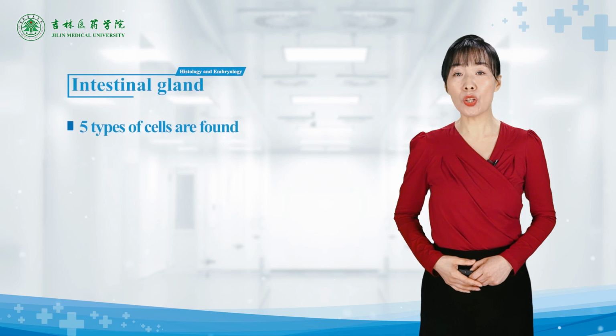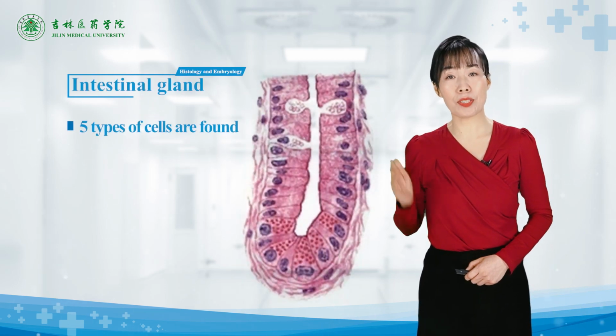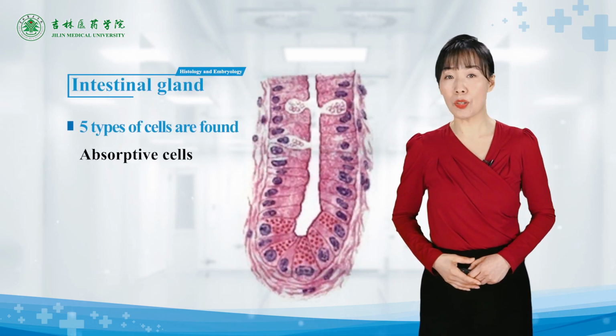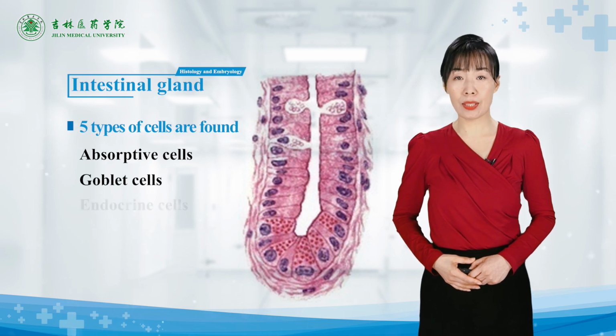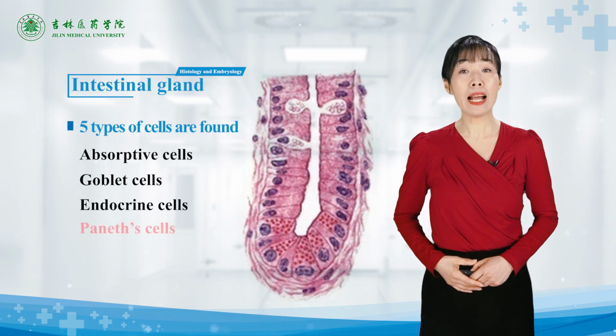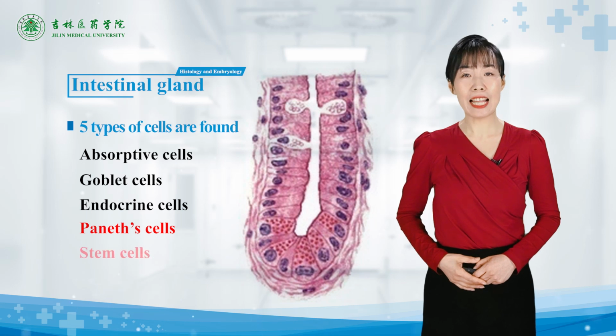Intestinal gland includes 5 types of cells: absorptive cells, goblet cells, endocrine cells, Paneth cells, and stem cells.